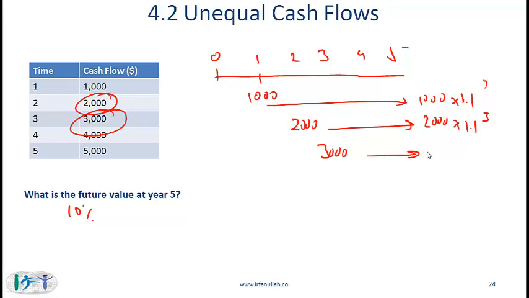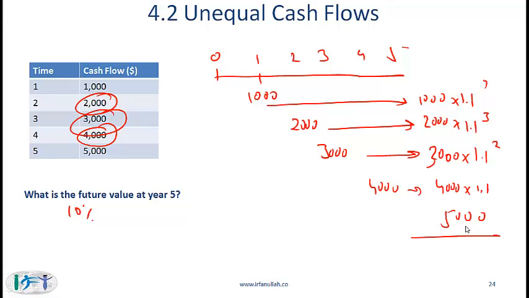This is compounded 2 periods. So 3000 into 1.1 to the power of 2. 4000 is going to be compounded just 1 period, and the final 5000 at the end of year 5 is what you have. So add all these numbers, that is your future value at the end of year 5. When you do the calculation, what you should get is 17,156.1.